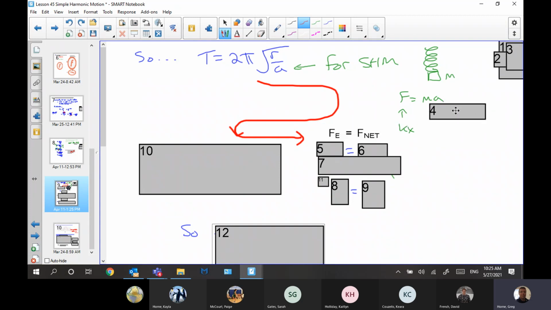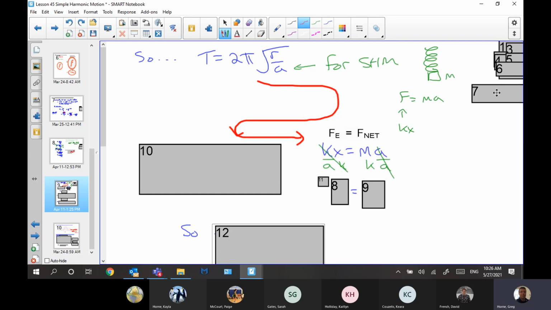So looking at forces here, you've got kx equals ma. We're just applying Hooke's law and Newton's second law. So if I'm solving for, what did I solve? What was I trying to solve for there? I was dividing by a on both sides, getting rid of the a, getting rid of the k. Solving for x, I guess.